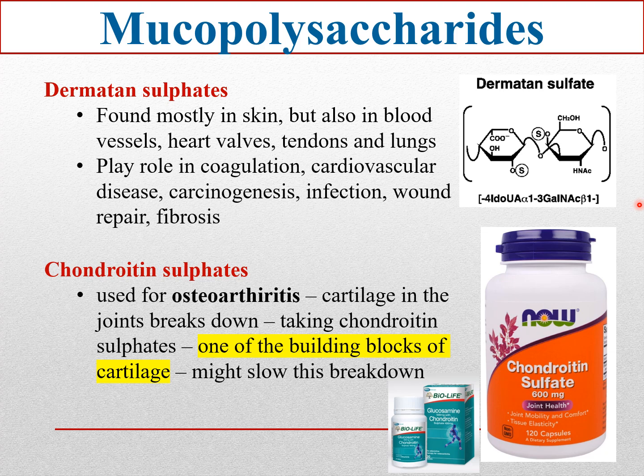Chondroitin sulfate. This is one of the building blocks of cartilage. When the cartilage gets worn off, especially in elderly people, they have to do a surgery to put metal as the joint, because their cartilage is already worn off.